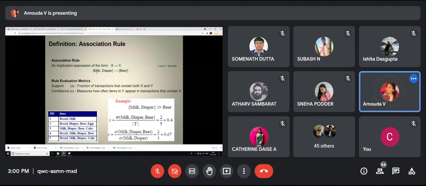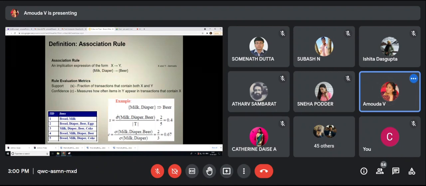If not, you can see it here. The example is milk and diaper associated, implying the association of beer. You can see that here the support is given by this symbol. What is this symbol?